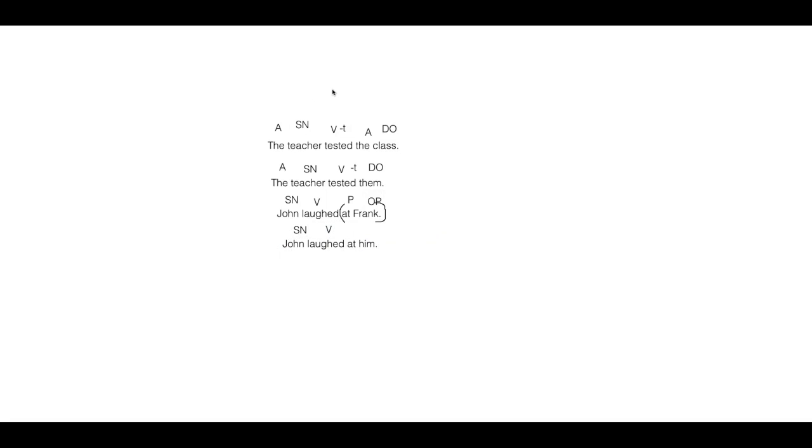John laughed at him. At is a preposition, so let's put our parentheses here. Label our preposition. And then him, just like the word Frank, him comes at the end of the prepositional phrase. Even though it's a pronoun, it doesn't matter. We label it OP, object of the preposition. That's all you need to know for object pronouns.